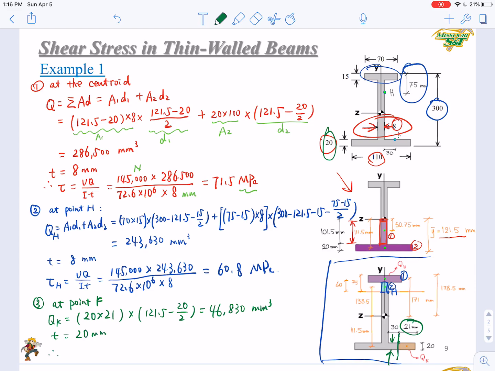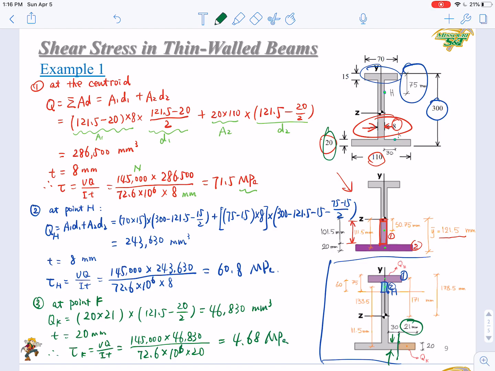So in the end, the shear stress at point K is just VQ over IT. You got 145,000 times 46,830 over 72.6 million times 20. Okay, the result will be 4.68 MPa.